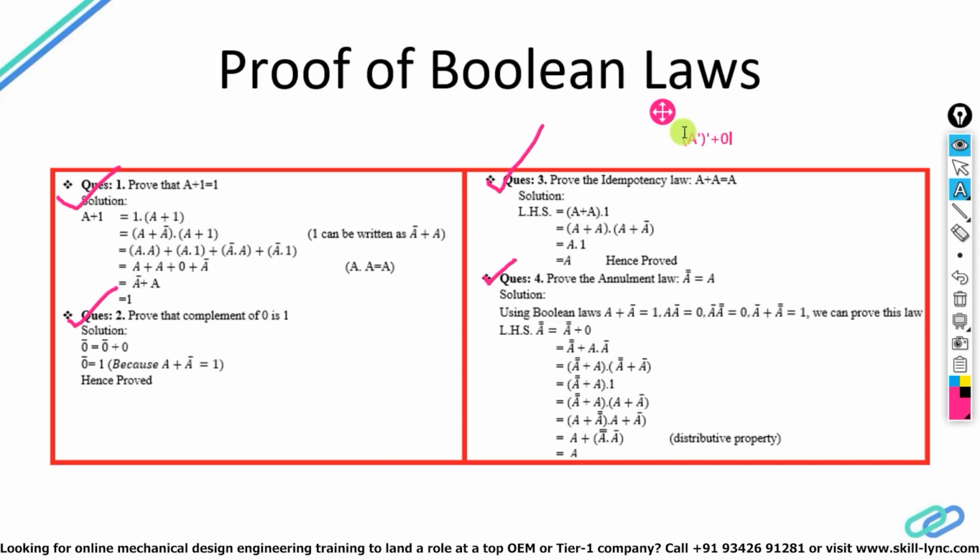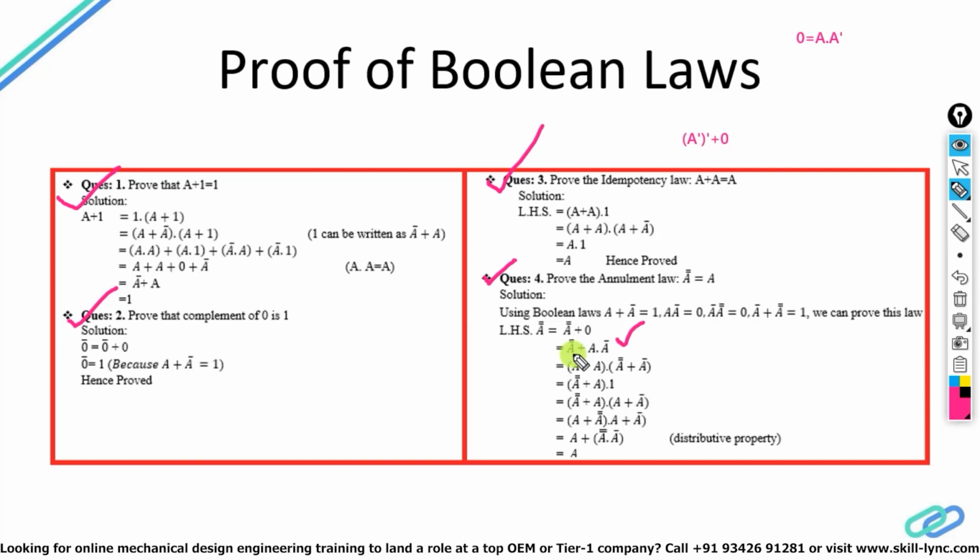You can take plus 0 because anything plus 0 equals the same number. And you can write 0 as A into A bar. So A double bar plus A into A bar. Then using the Boolean algebraic laws, we can write it as A double bar plus A into A double bar plus A bar.